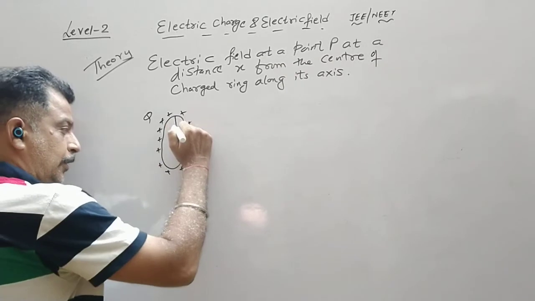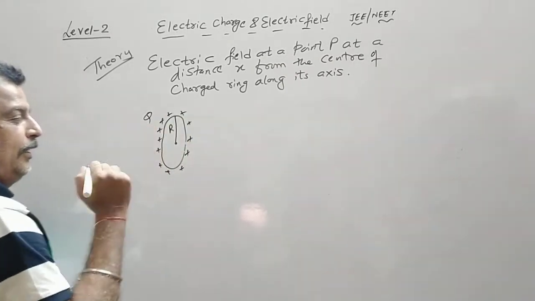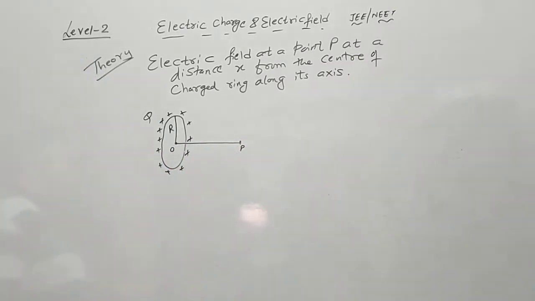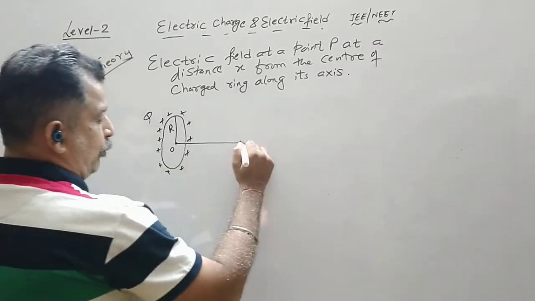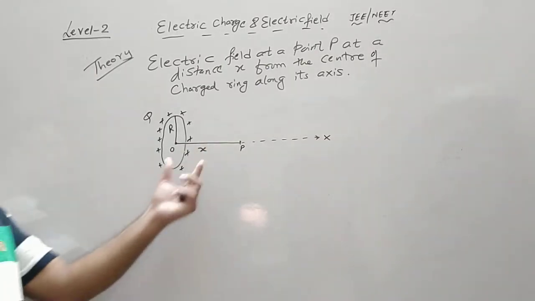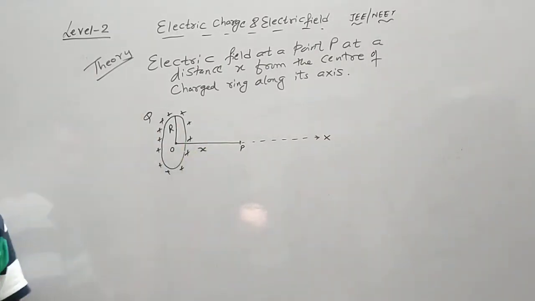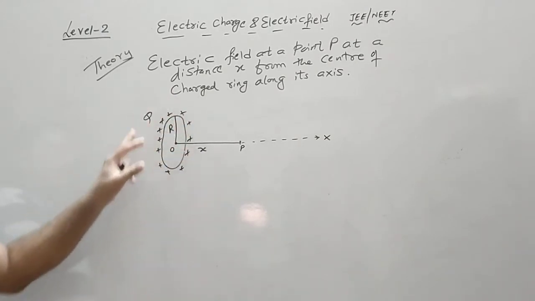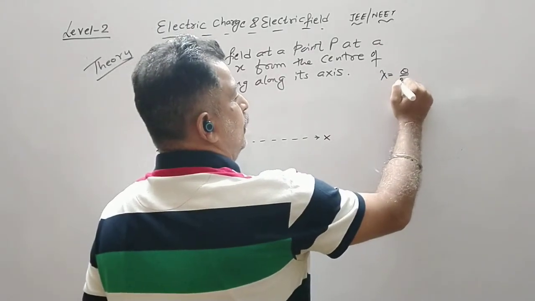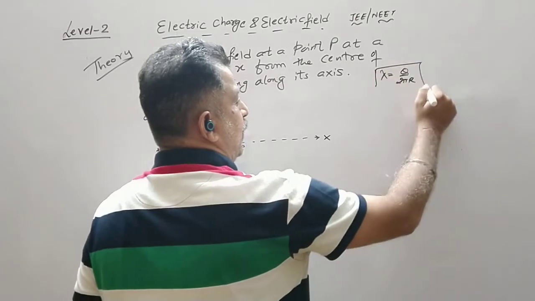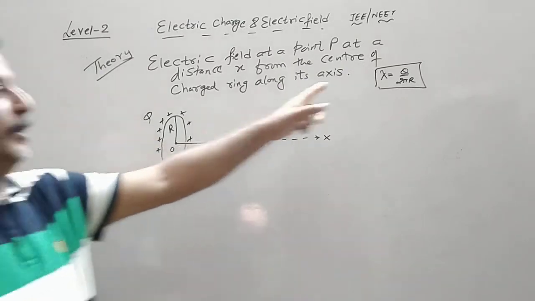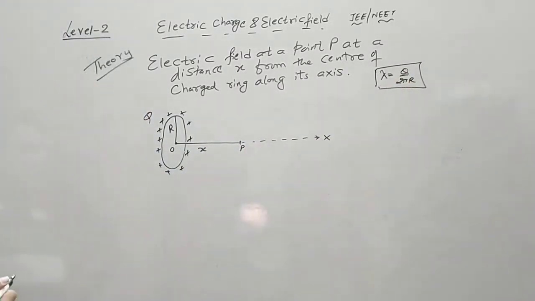Let the radius of the ring be capital R, and you have to find out the electric field intensity at a point P. Because the point P is taken along the x-axis, let the distance along the axis of point P be x. Now this is a linear charge density, and we know that lambda is equal to charge upon the length, that is lambda is equal to q by 2 pi R. So we can substitute q as lambda into 2 pi R as and when it is required.